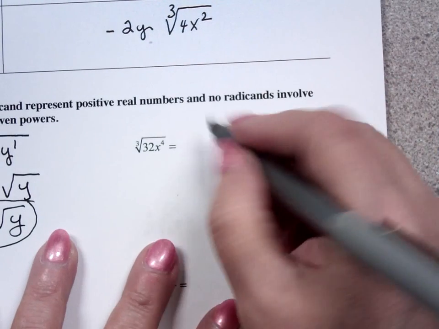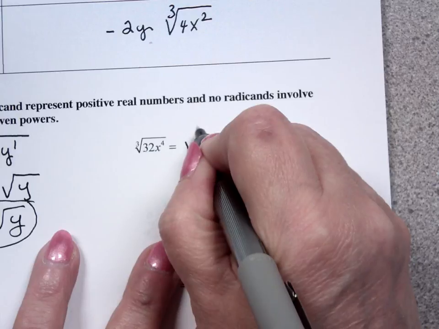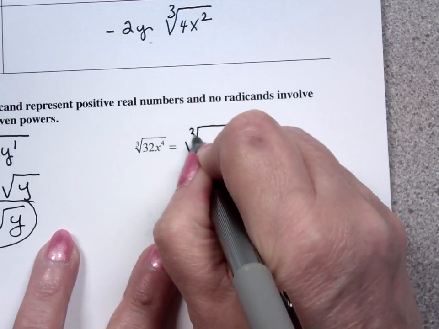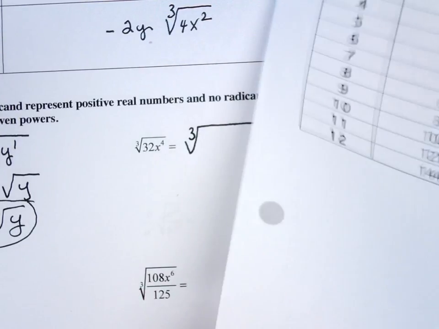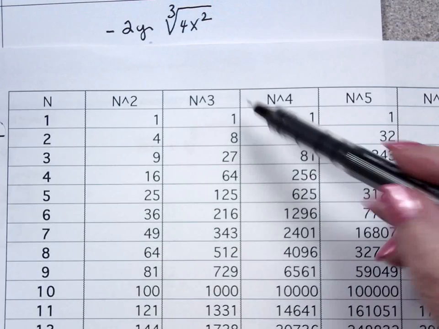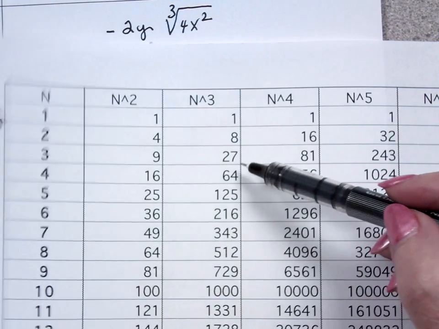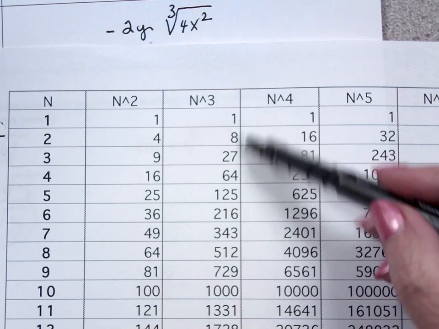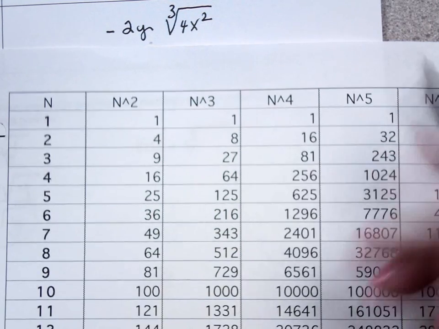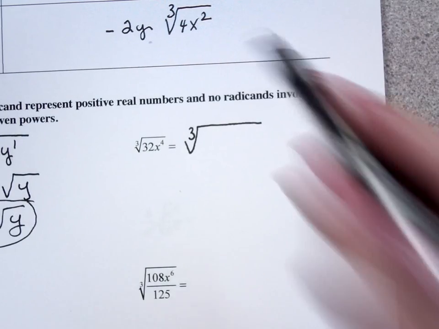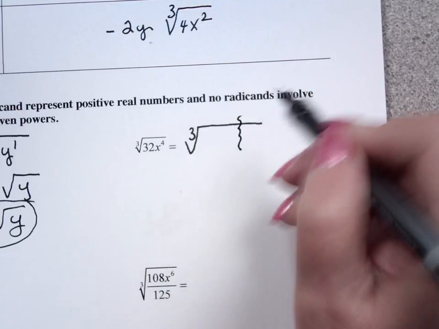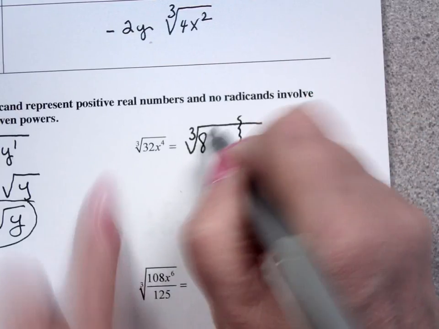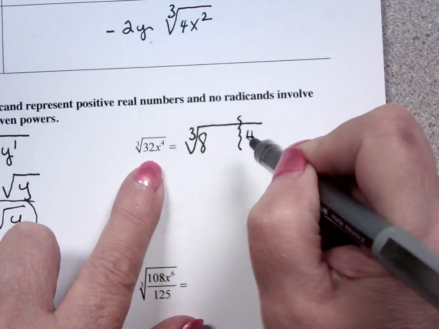Now I've got a cube root. That means I need the largest number that divides 32 evenly. And we can see it's going to be 8 in my list of cubes. So I need to break this into 2 pieces. 8 and 4, that's 32.